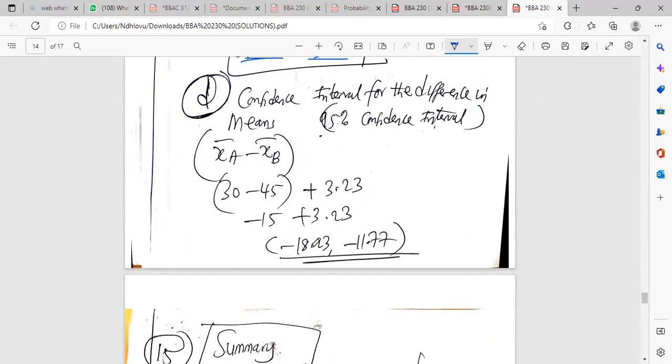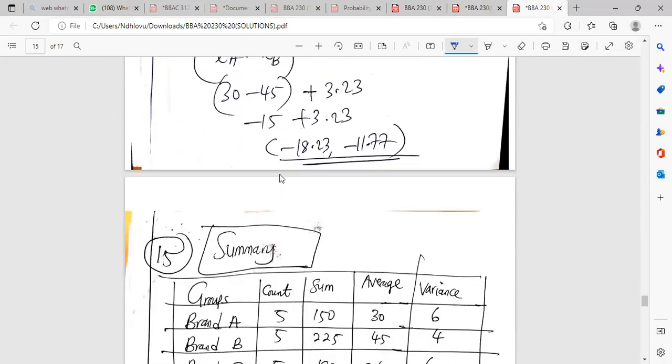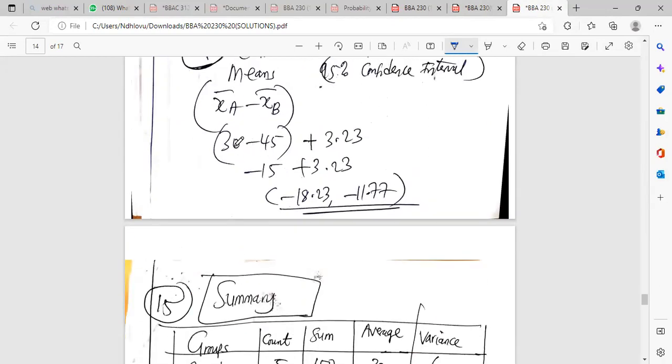Here we are simply saying the difference of the X bars, 30 minus 45, plus or minus the LCD. So we are now getting the confidence interval, which is the final answer.